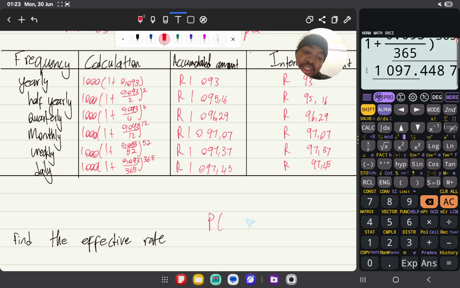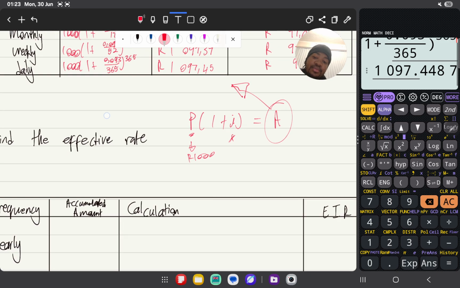So you have P, which is the same, times 1 plus the simple interest rate equals the accumulated amount. The accumulated amount comes from the values we have here, and the principal is the same, 1,000 rand in our example. So now we're trying to find the interest rate, and I'm going to simplify it.